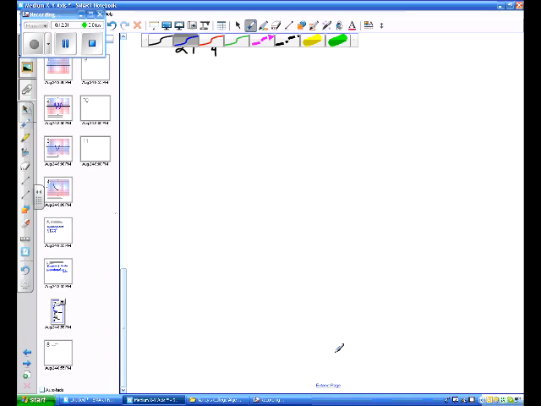Okay, then we can look at what we call our function notation. In our function notation, it's going to be written as f of x. And that's how you read this, as f of x.